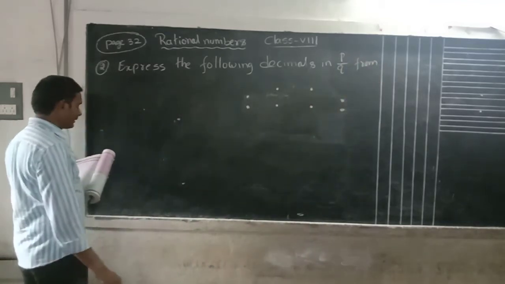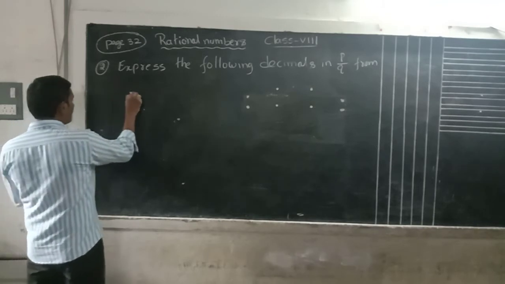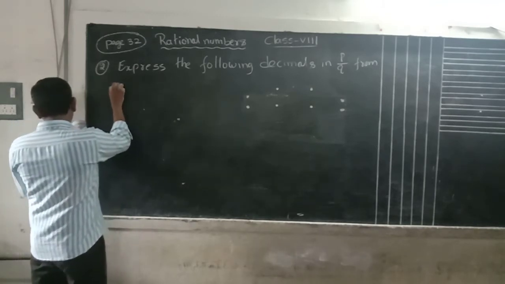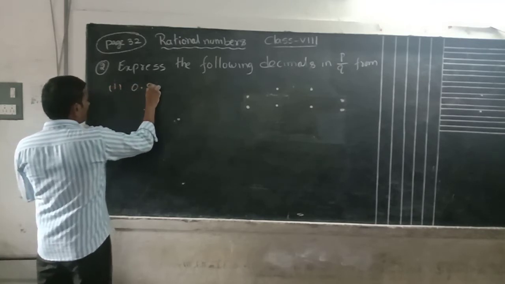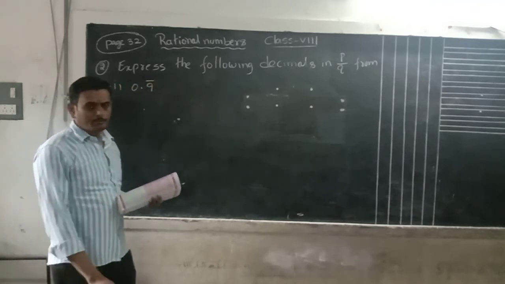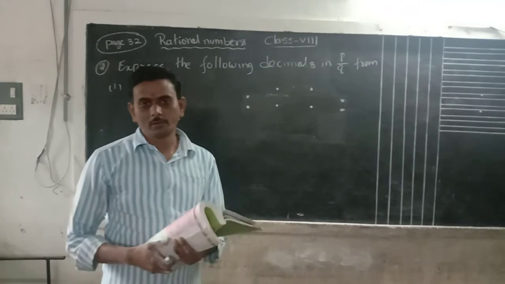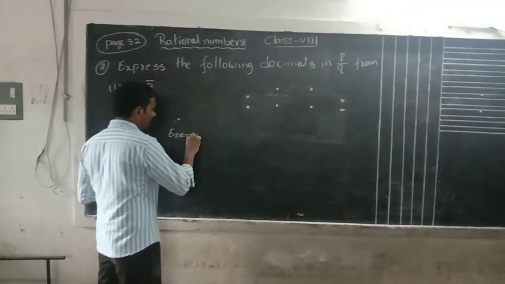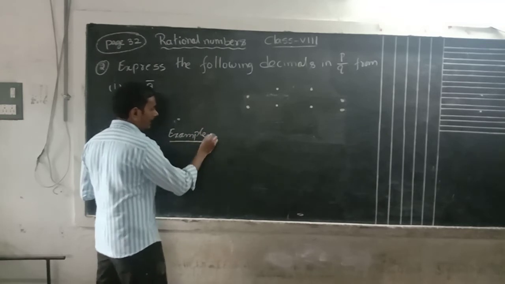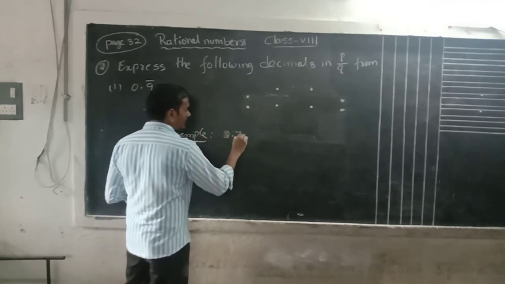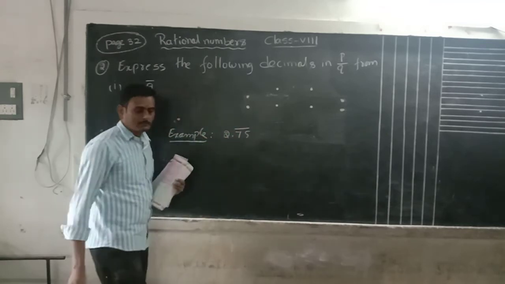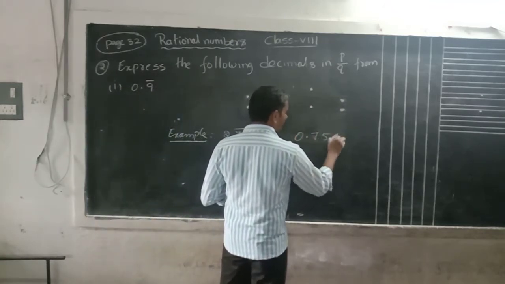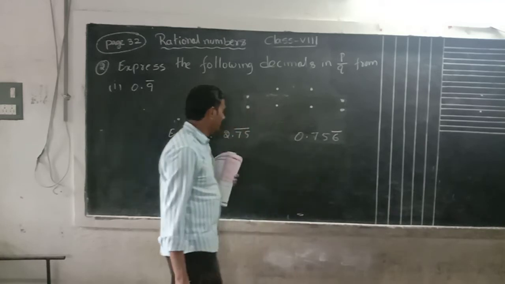One thing to remember: for example, a number like 0.9 bar is given. A bar will be there, or an unsolved one will be there. For example, I have taken a number 2.75 bar and another number 0.756 bar.